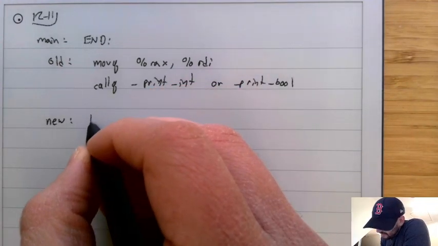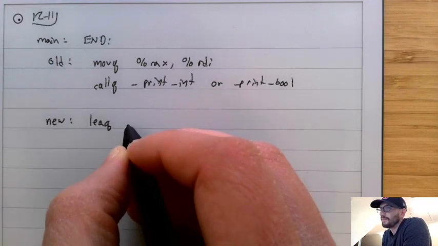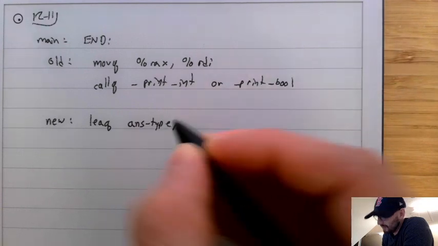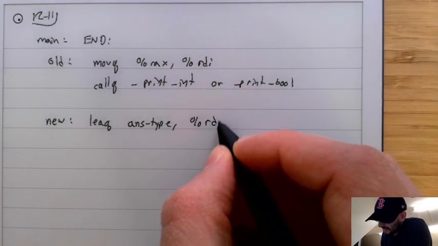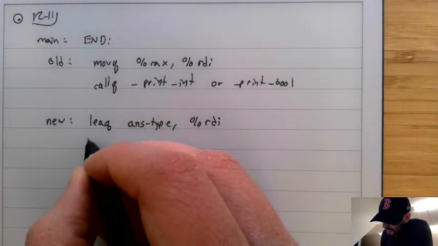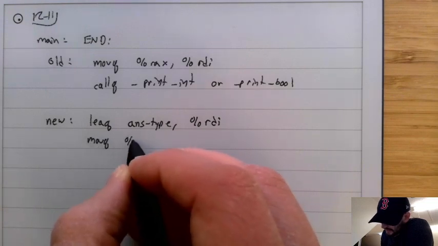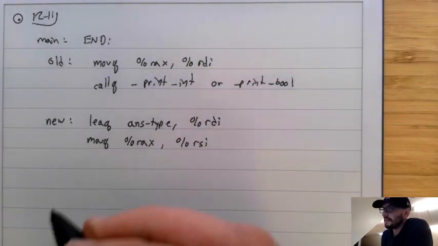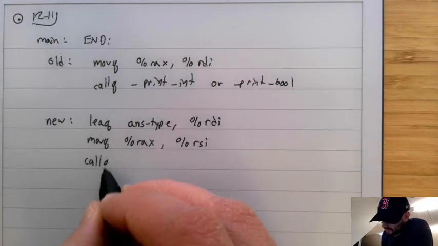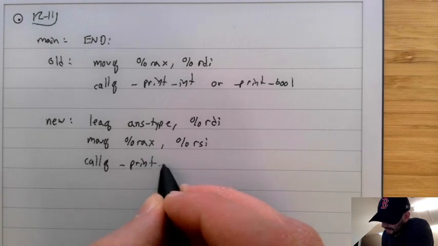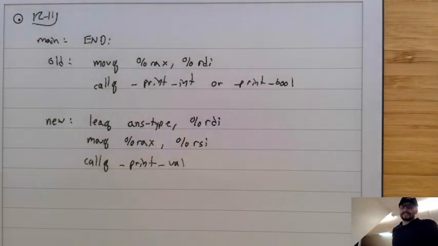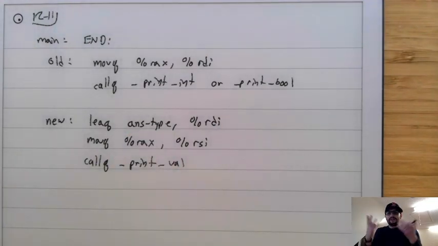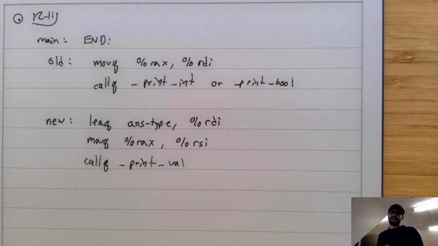So instead we're going to do an leaq of whatever the final answer type is, and move that into %RDI, which is the first argument, and we're going to movq RAX into RSI, and then call print value, where print value is going to be able to look at the type and figure out how to print it. This answer type, by the way, is the final type of the whole program, which we will have kept track of this whole time.